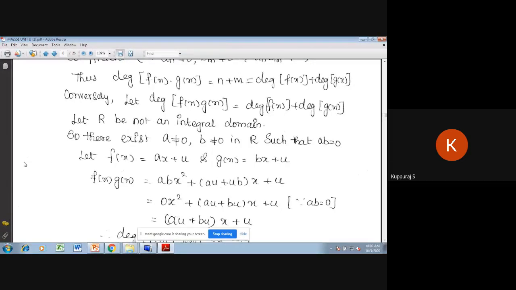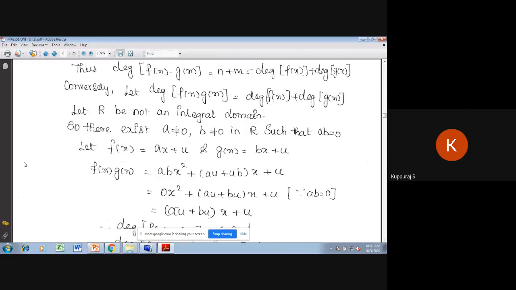So then, simply we can assume f(x) is equal to ax plus u and g(x) is equal to bx plus u. Here the degree of f(x) and g(x) is 1. The leading coefficients are a and b.